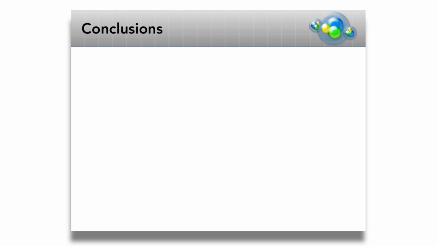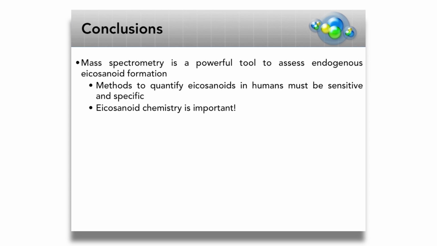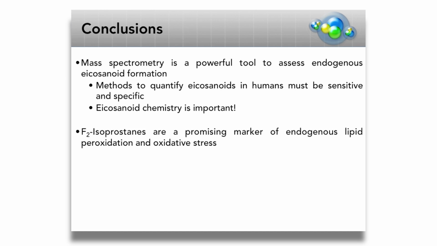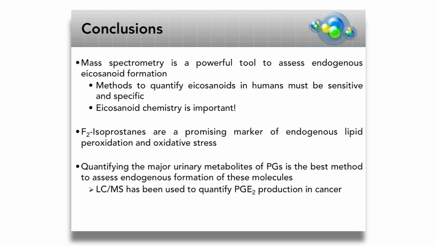So what I've hoped to show you today is that mass spectrometry is a powerful tool to assess endogenous eicosanoid formation. Methods to quantify eicosanoids in humans must be sensitive and specific, and it's very important to remember the eicosanoid chemistry related to the formation of these molecules. F2-isoprostanes are a promising biomarker of endogenous lipid peroxidation and oxidative stress, and quantifying the major urinary metabolites of prostaglandins is the best method to assess their endogenous formation.